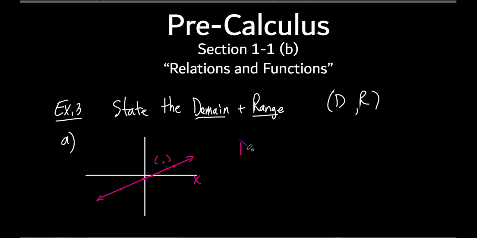So we would write this. The domain, this is how they like you to write it, equals, and then they write it as a set. So you put that little brace thing, and you put all the real numbers. Or you could put that fancy-looking R, or you could just write out all the real numbers.